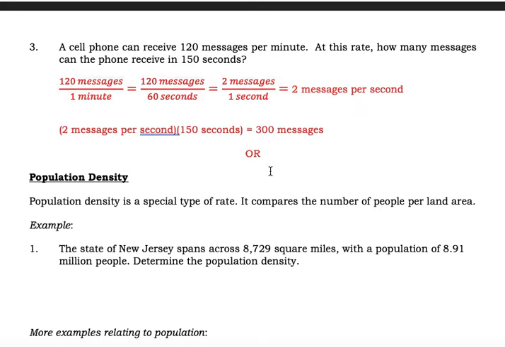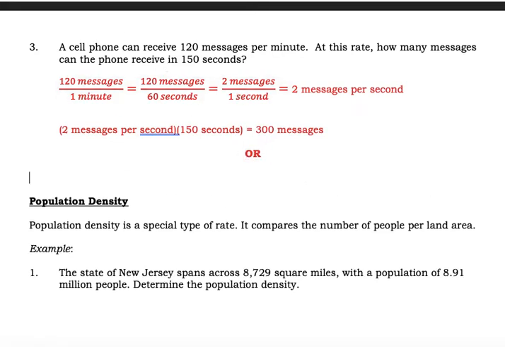I'm going to show you another way to calculate this. Another way you could have calculated this is by starting with 150 and converting that in terms of minutes. So remember we said that 60 seconds equals 1 minute.